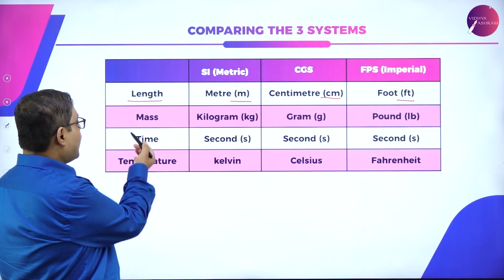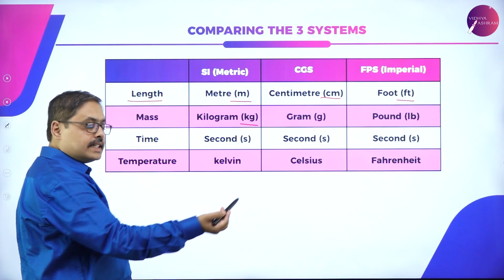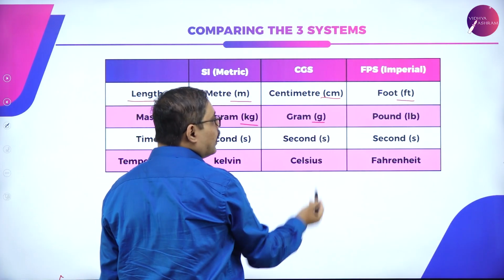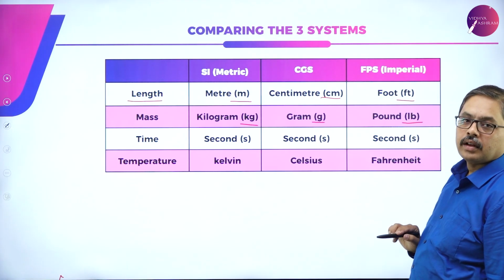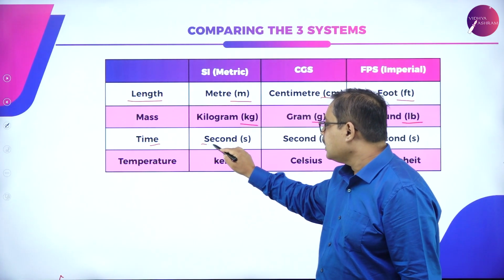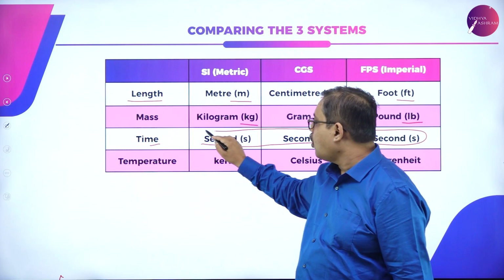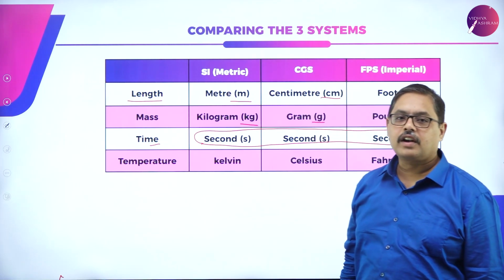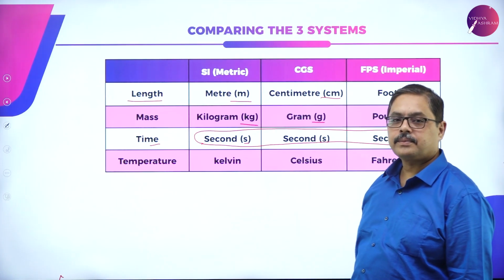Similarly, for mass, the current SI system uses kg, the CGS system uses gram, and the imperial system uses pound. Okay. For time, you can make a note here that it was commonly second throughout all the systems of units. For time, it was seconds represented by s.